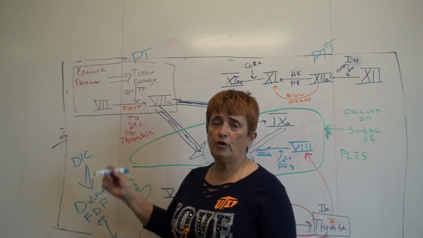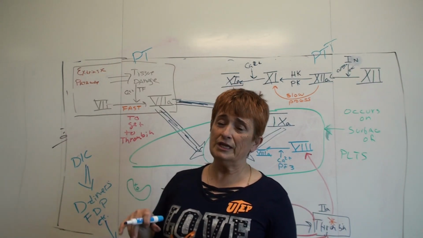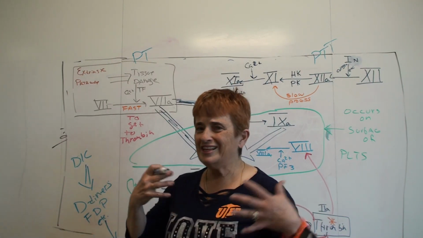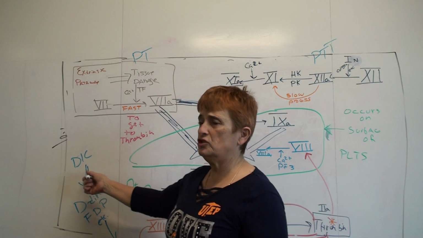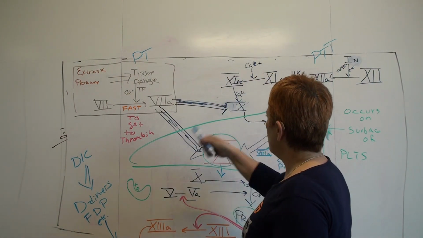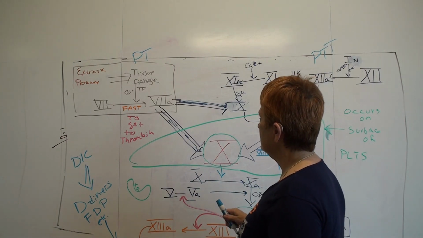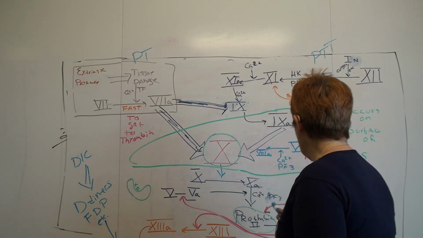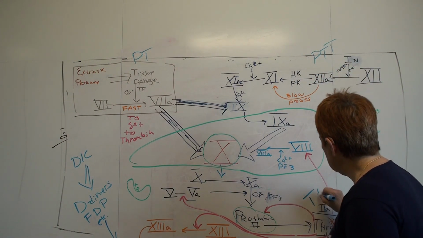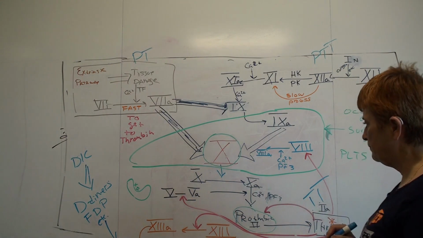So oftentimes when we find a patient whose platelets are really low and then they're bleeding and oozing out through their IV lines and other things like that, we have to check for a DIC. Okay, so 3 tests are ready for your coagulation process. Another test we can measure here is TT for your thrombin time.